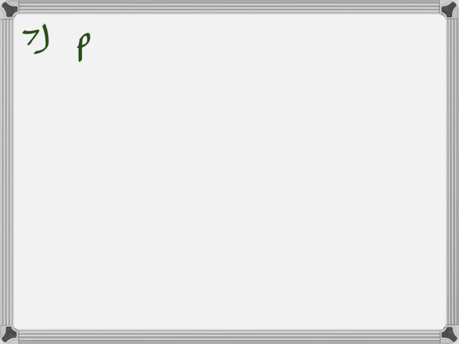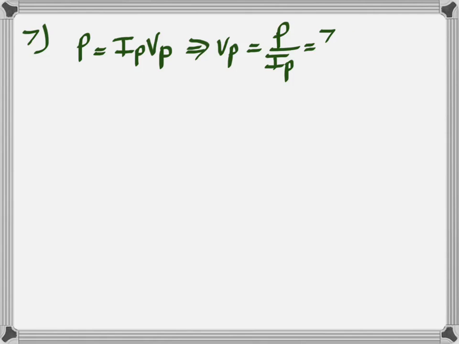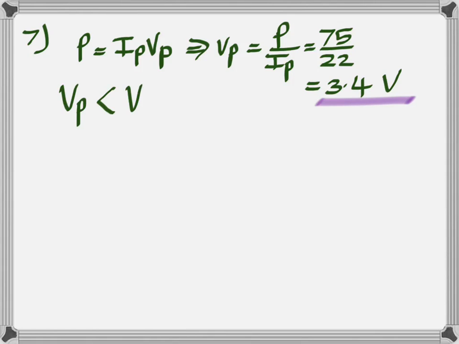Seventh one is about transformers, and if the voltage goes up, then it's a step-up transformer. Here the input voltage is given and the input current is given, but the output power is given. Alright, so it's a 75 watt transformer.